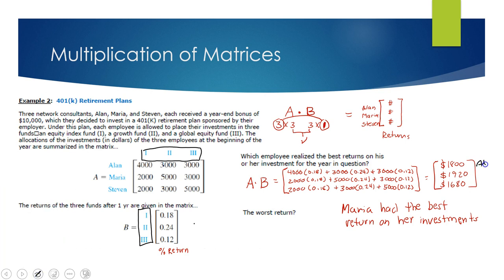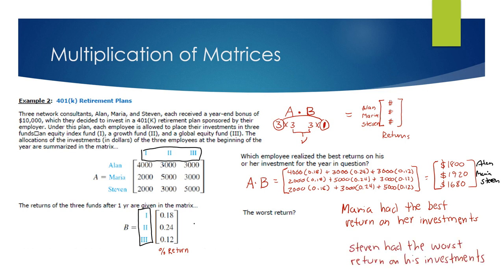This is Alan, Maria, Stephen. So basically, the person that had the best return was Maria. She got an additional $1,120 from investing her bonus in the funds that she did and the way she did it. And you had Steven, who had the worst because he earned the least from that.